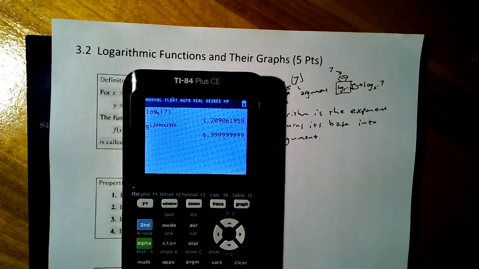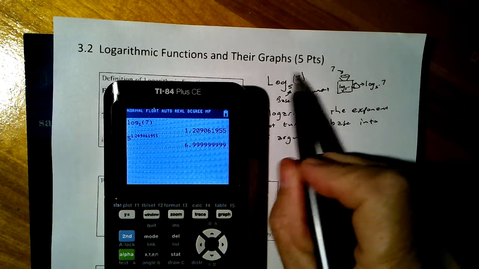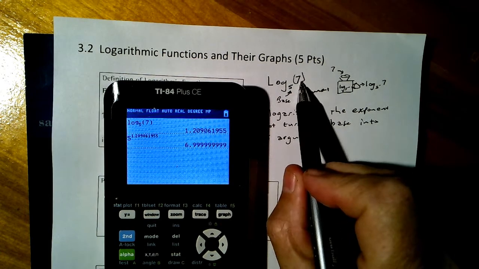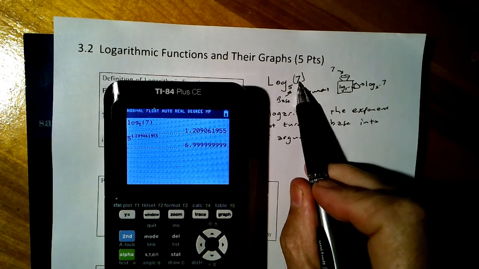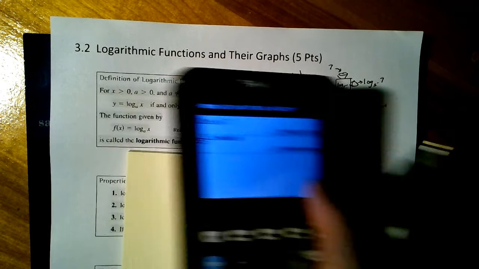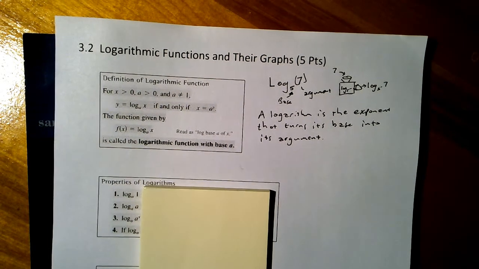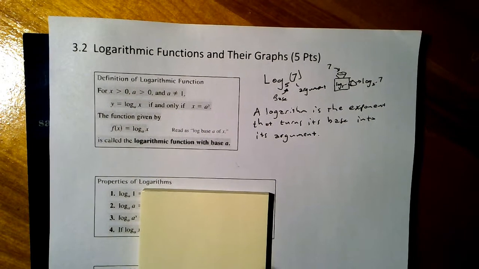So a logarithm is the exponent. This whole thing is the exponent that turns 5 into 7, so this is 1.209061955.